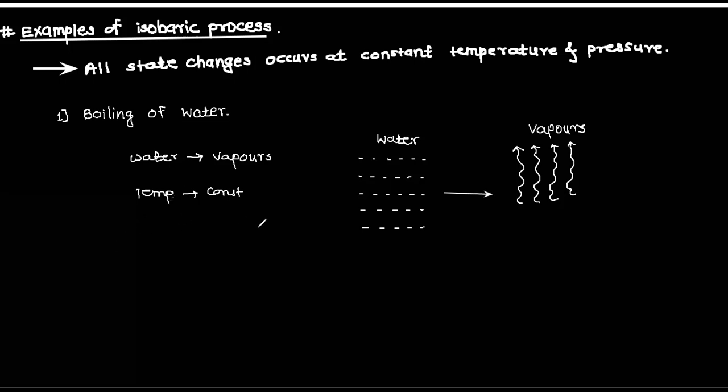Okay. Now, will volume increase? Yes, definitely. Volume increases. So when boiling of water takes place, water is going to convert into vapors, temperature remains constant and volume increases. And we are supplying some heat. So how are we using that heat here?